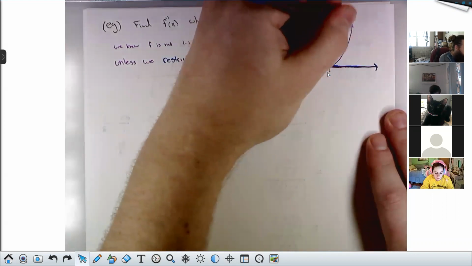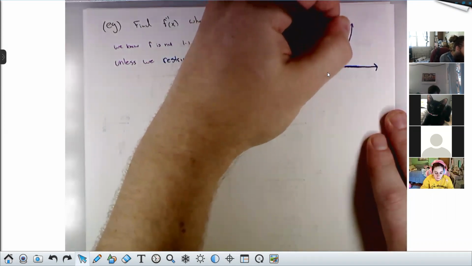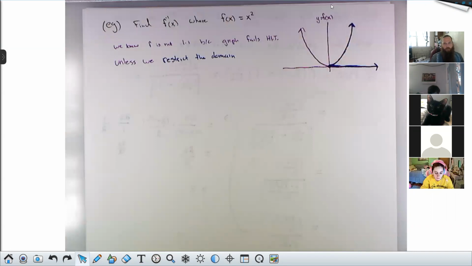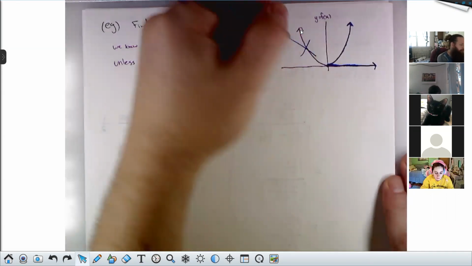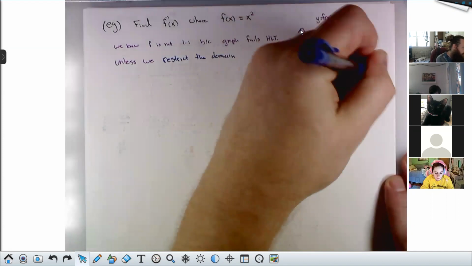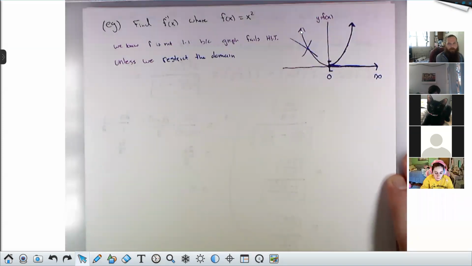That means I'm going to hold on to the right half of the domain. If you just have the blue curve here, that is one-to-one. If I throw this whole piece away, what that means is I'm restricting the domain to the set 0, infinity.